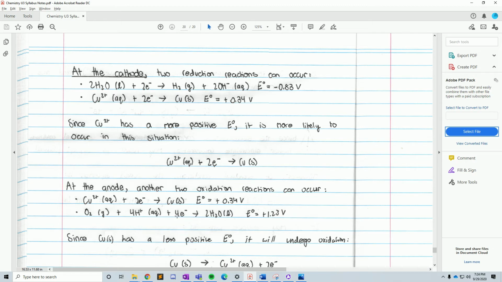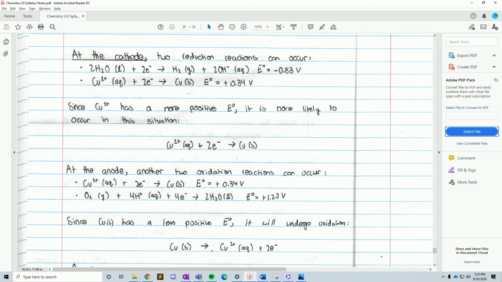However, when we flip them, obviously we flip the sign on these potentials, and that will give us the notion that the first equation will happen as oxidation because it'll have negative 0.34, whereas the other one will have negative 1.23, and the more positive, when flipped, wants to occur.